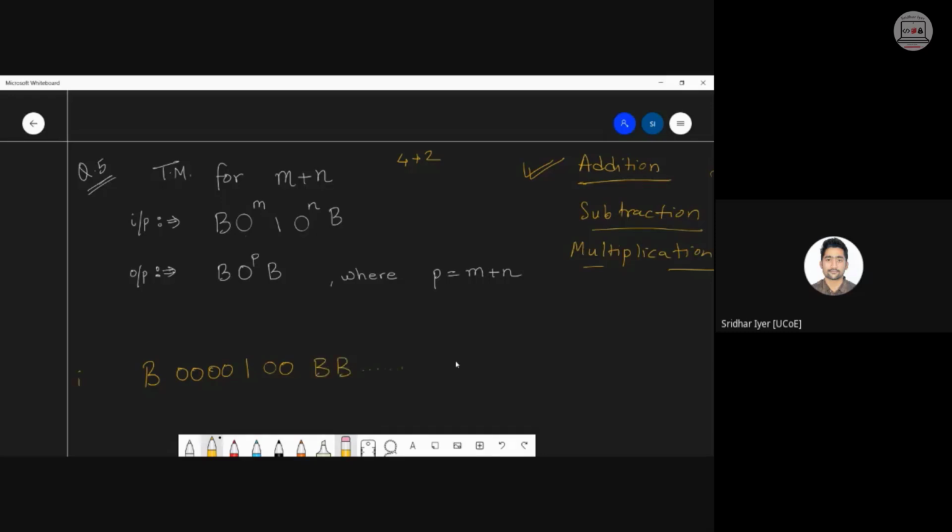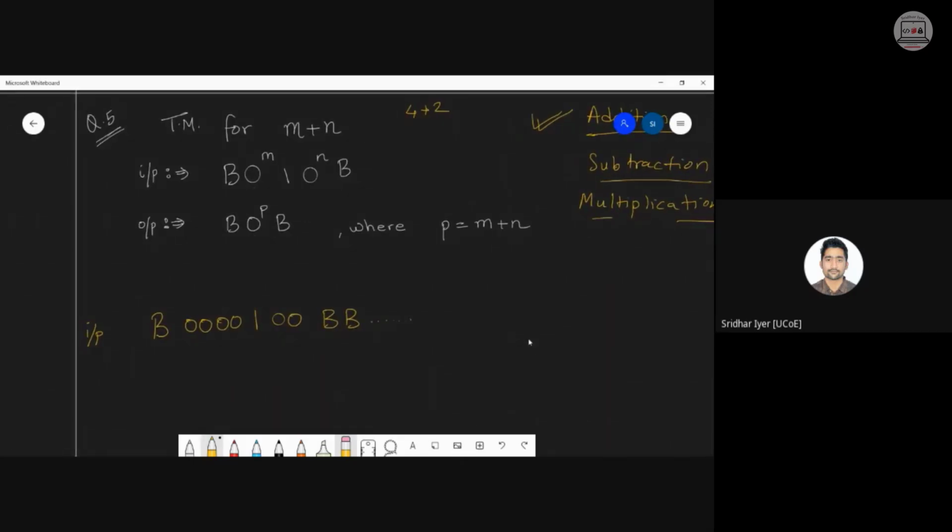The input has to be given in this format, specific format only, and the output will be in a specific format, that is blank, followed by, 4 plus 2 is 6, so it would be 0, 0, 0, 0, 0, 0, followed by blank symbol. Am I clear?